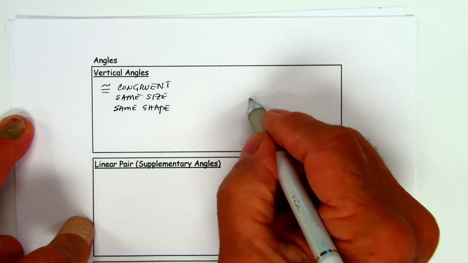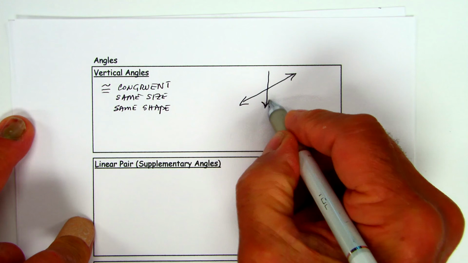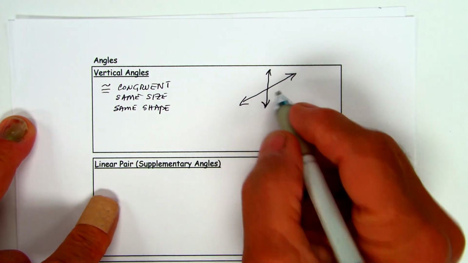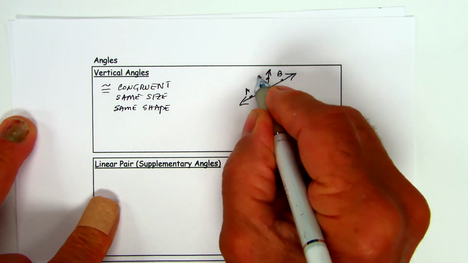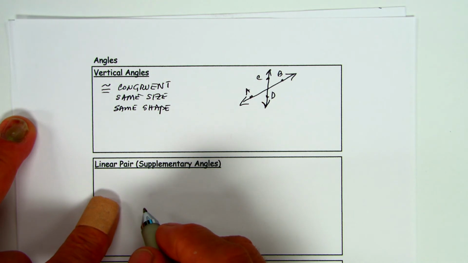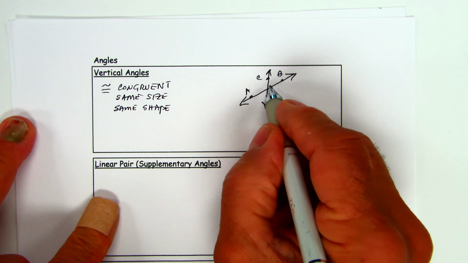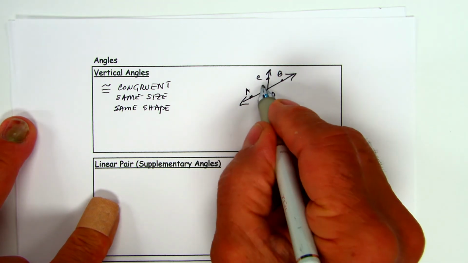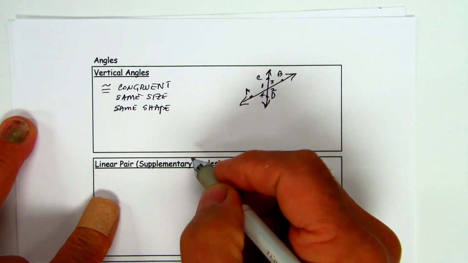So if we have two lines that cross, we want to name these lines line AB and line CD. When we have two lines that cross like this, let's name these angles by numbers. Let's say this is number 1, number 2, number 3, and number 4.